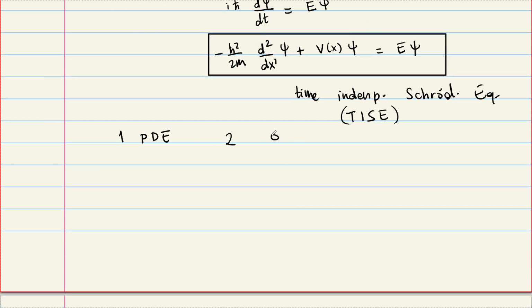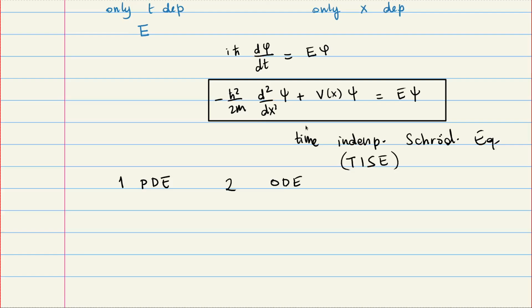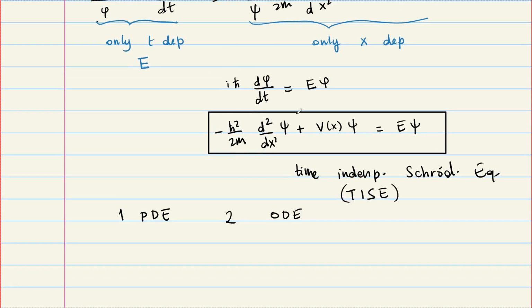This is two ODEs. And if you have taken mathematics, you know ODEs are much simpler than PDEs. Good. And the first one is so simple, we can just solve it in no time.